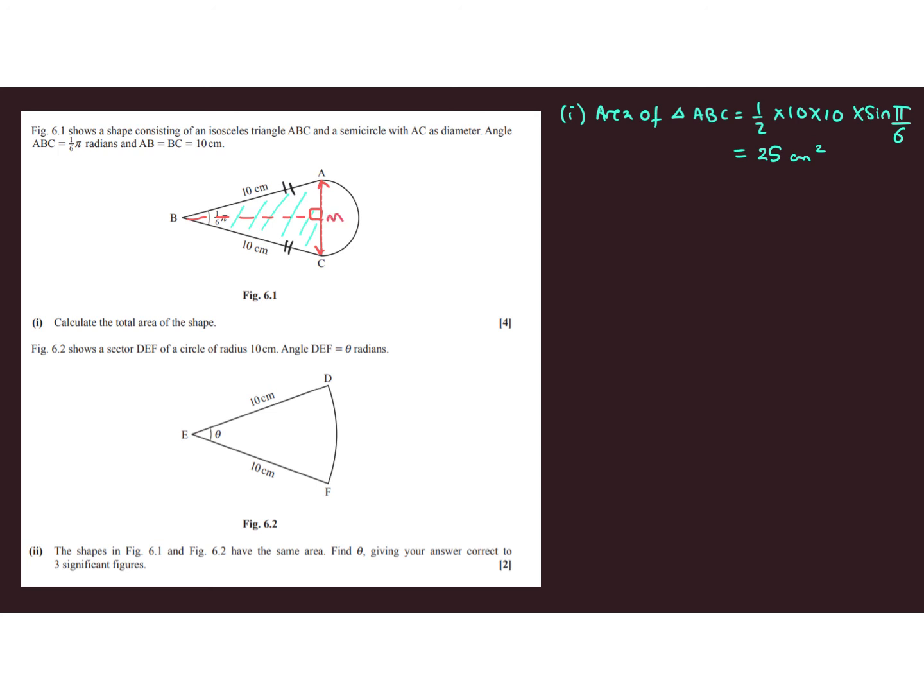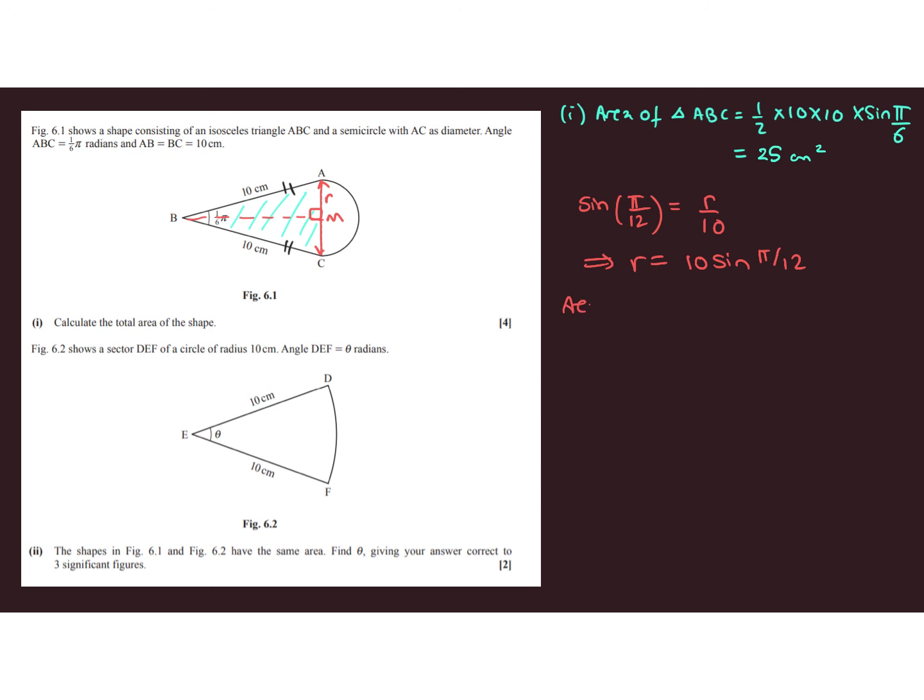AM is basically the radius of the circle. So we know that sine of half of that angle, so sine of pi by 12, is equal to the radius over 10. So this then gives me the radius equals 10 sine pi by 12.